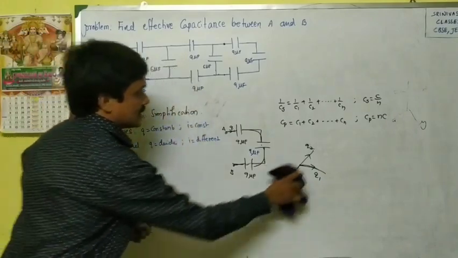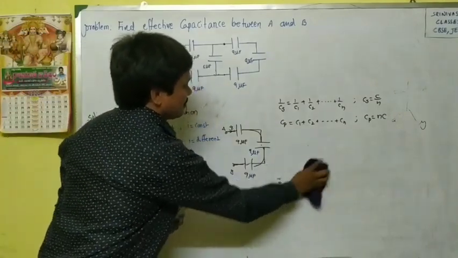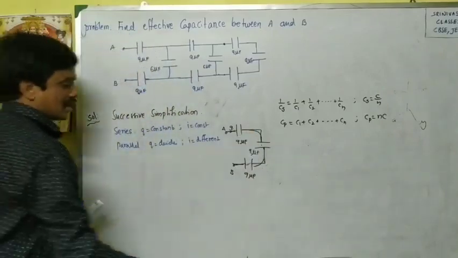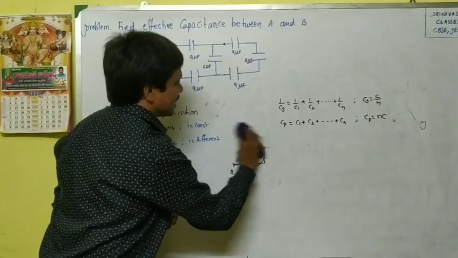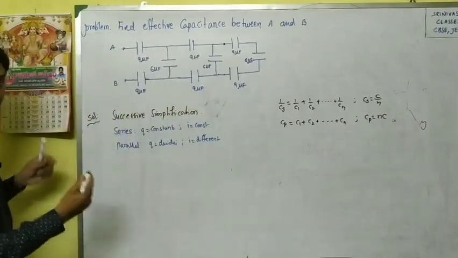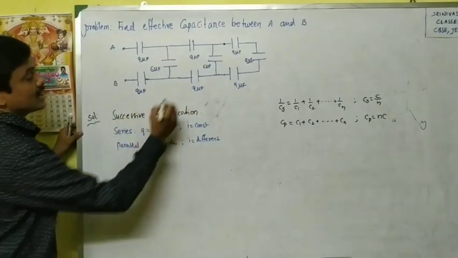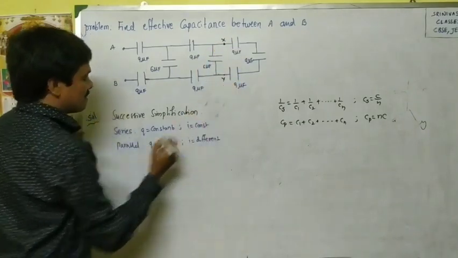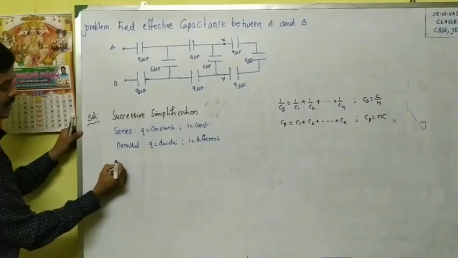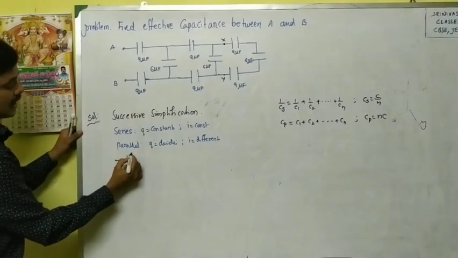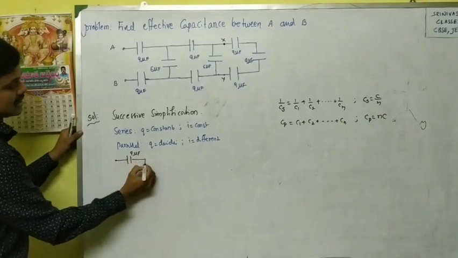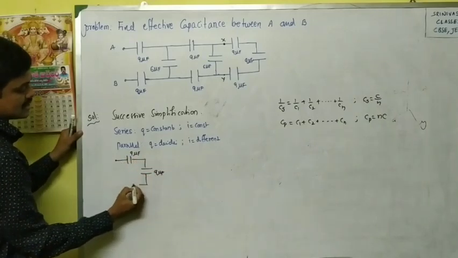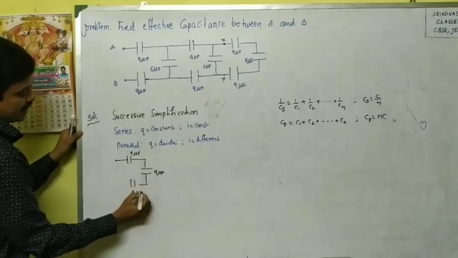Okay, right, that means the same charge will be stored on each capacitor. And that means these 3 are in series. We will take this part, X and Y, for example. We split up X and Y, and this is 9 microfarad, the next is 9 microfarad, and the next is 9 microfarad, right?